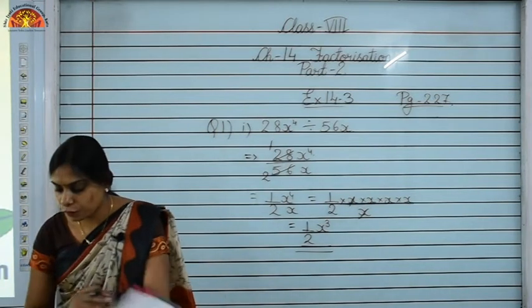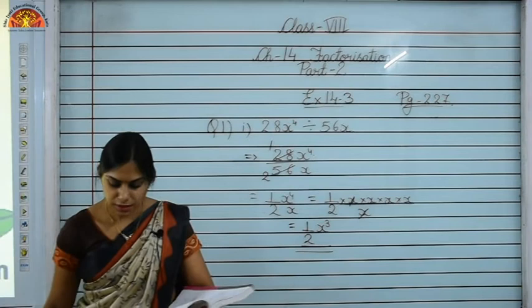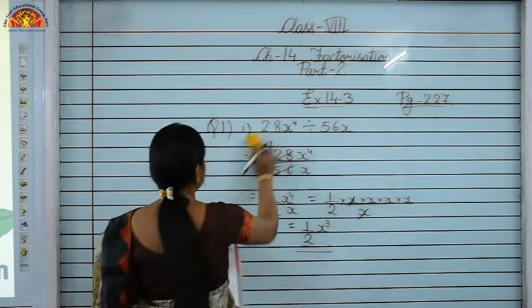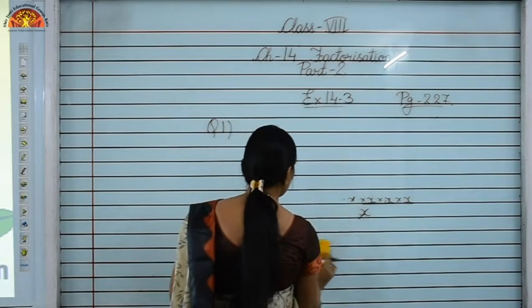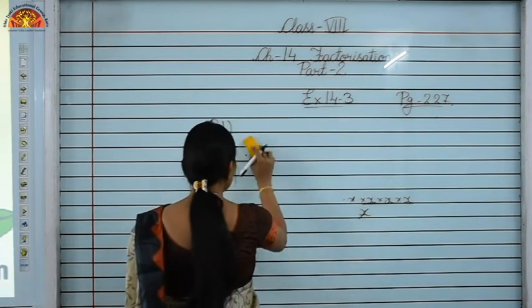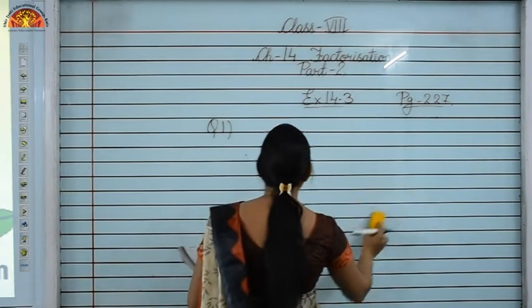Now just solve the fifth part. Question first, fifth part. Again you have to carry out the division of a monomial by a monomial.